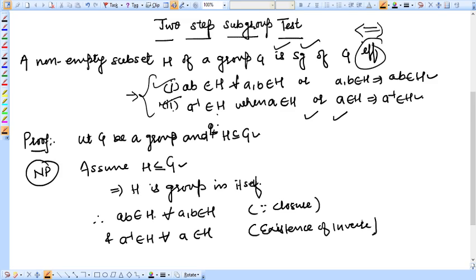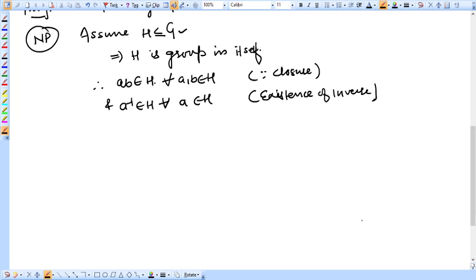right? Now coming to the second part, which is the sufficient part. In this we are going to assume these two properties and prove that H is a subgroup of G. So this is the important part, and we will be using it in many examples.